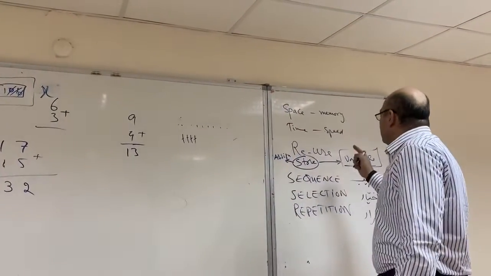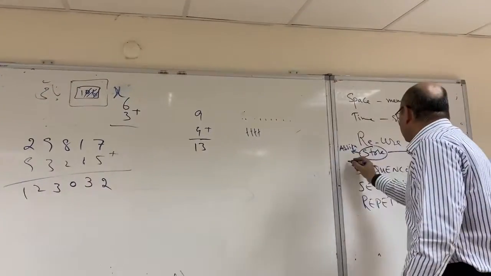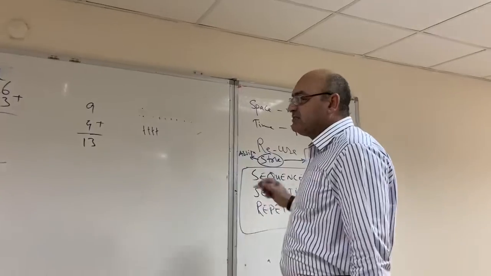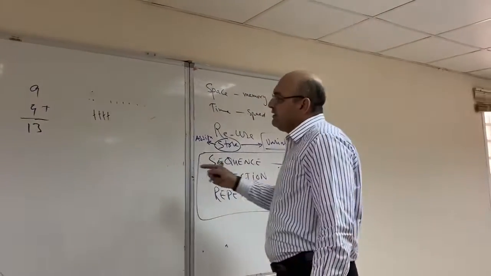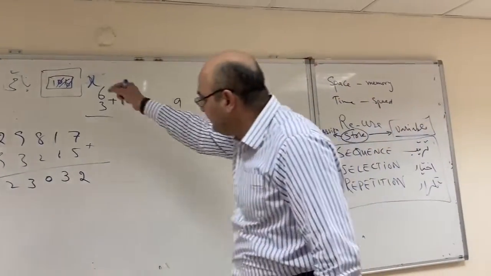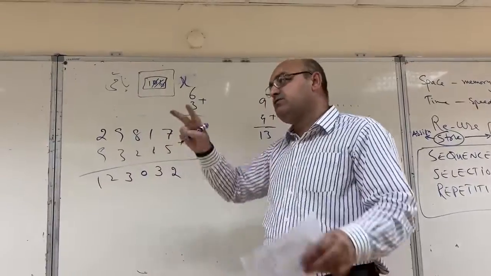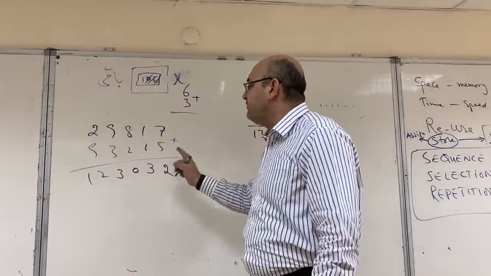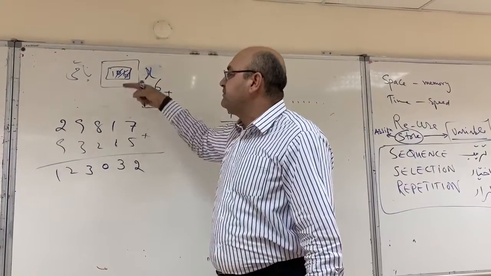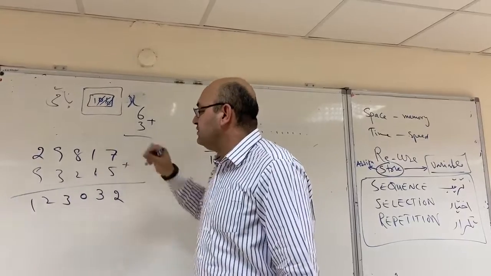During the course of this addition, we came across three important concepts or structures. Sequence, yes, we started from a tartib. Selection, yes, we had ikhtiyar, where we had to select between two ways. We would do one of these two things. If it is more than 9, we would take the unit digit, but we would store the tenth digit.